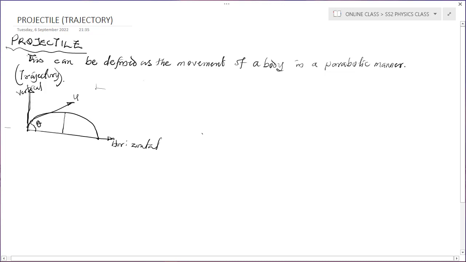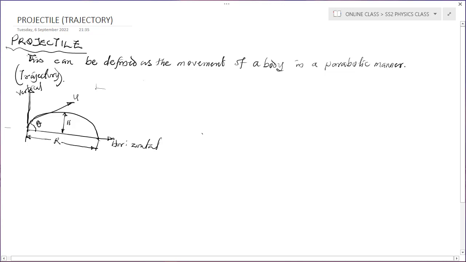Between here and here, we call it maximum height. Now, here to here is the maximum horizontal distance.